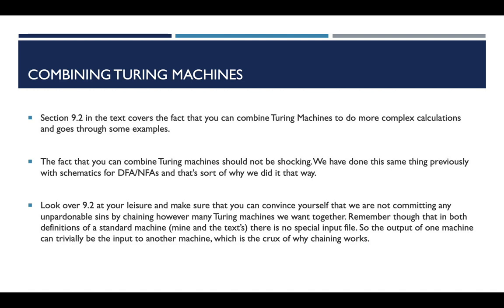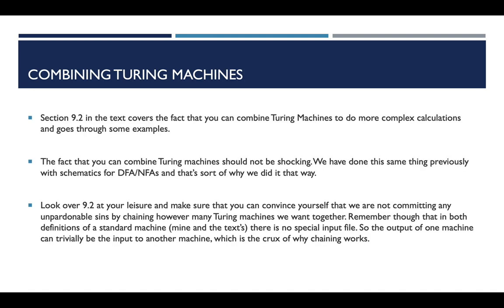You can always just pass that information or the input after it's processed to the next machine, and because there's no special format that the input has to be in, you can share a tape alphabet across multiple machines and have those multiple machines understand each other's input and output. I said I wasn't going to belabor the point. I kind of did. Apologies. That's just the long and short of section 9.2.